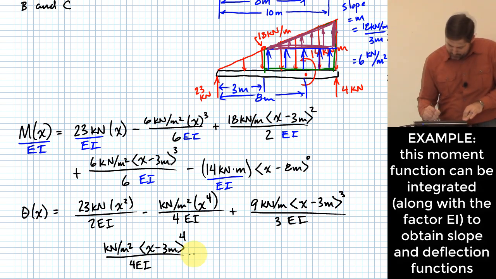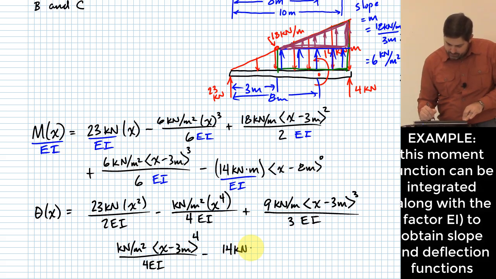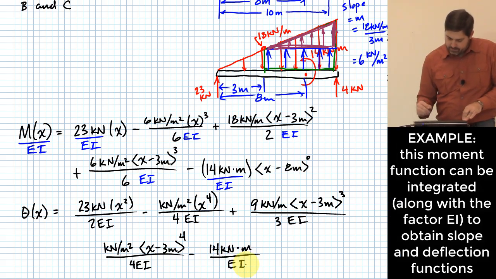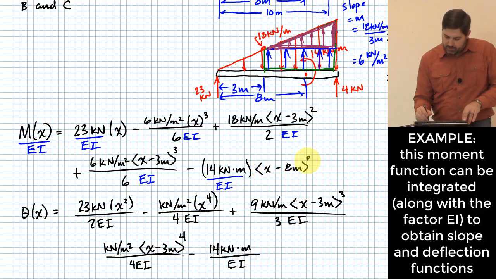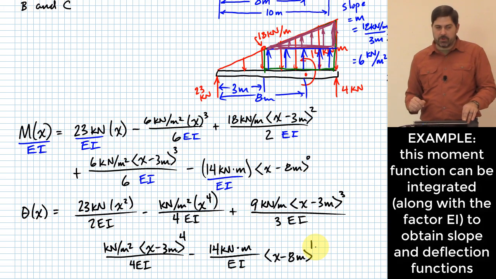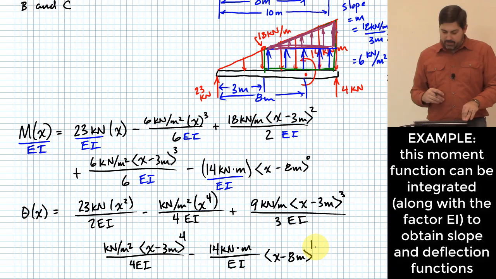Then what? Minus, okay, here I'm going to have 14 kilonewton meters over EI. Here I'm going to increase this exponent by 1, x minus 8 meters. Increase that exponent by 1, divide by the new exponent since it's 1. All right, and remember EI is known. For shorthand's sake, I'm just continuing to write it as EI. Yes? So his question was, the x minus 8 to the 0, would this not just be 1?